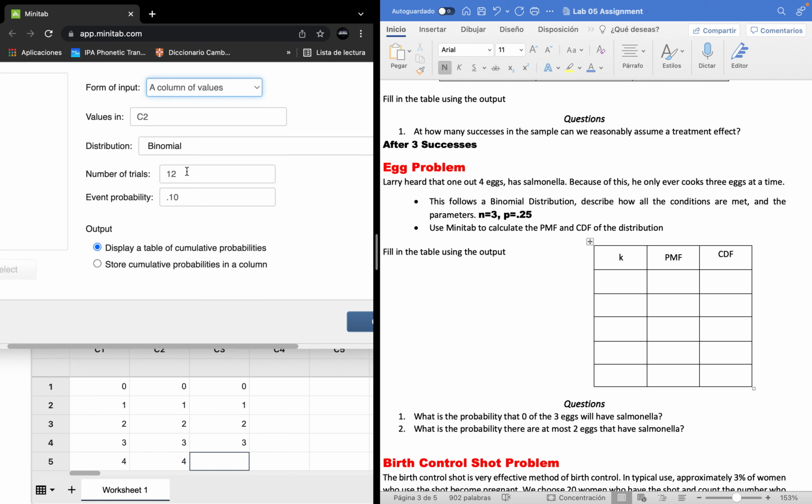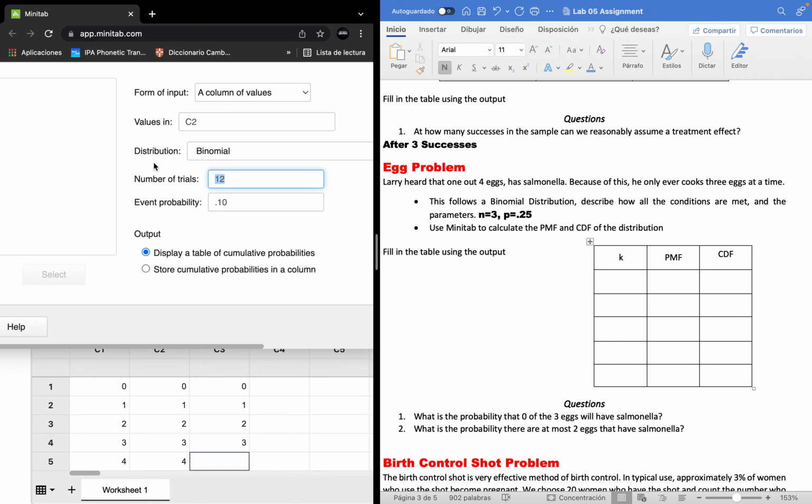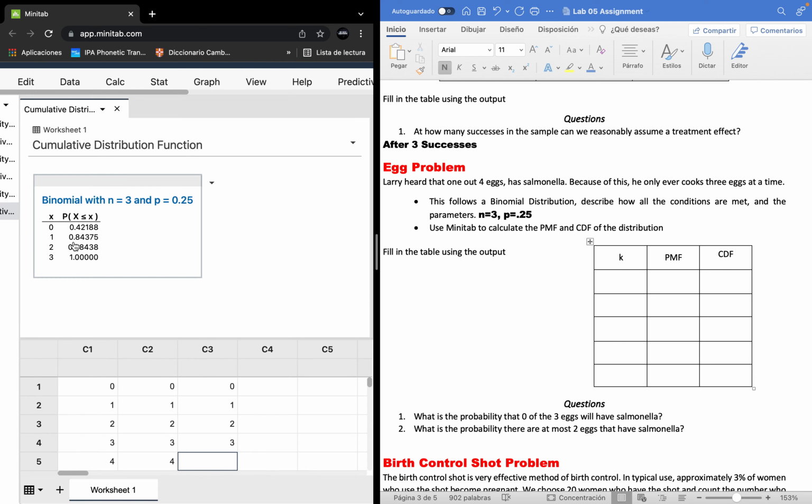Now the cumulative. Calc, probability distributions, cumulative, the same. Oh, no, not the same, right? Type n equal to 3, probability 0.25. Values coming from C3. It seems to be correct, and then OK. Probability we observe 0 eggs with salmonella, 0.42.